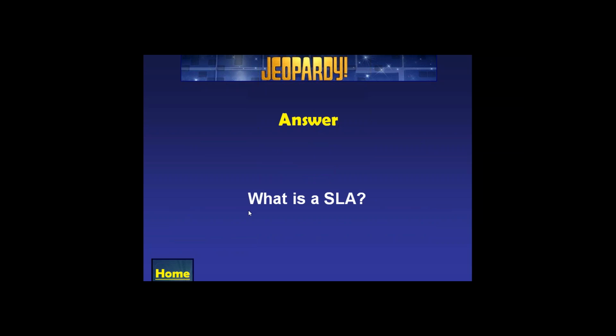What is a service level agreement? An SLA is used to set the standards of service an organization expects to receive from another organization, or the set of standards that one department of an organization expects to receive from another department within the same organization.